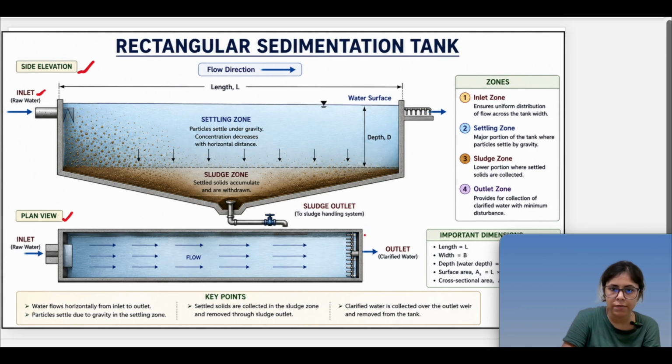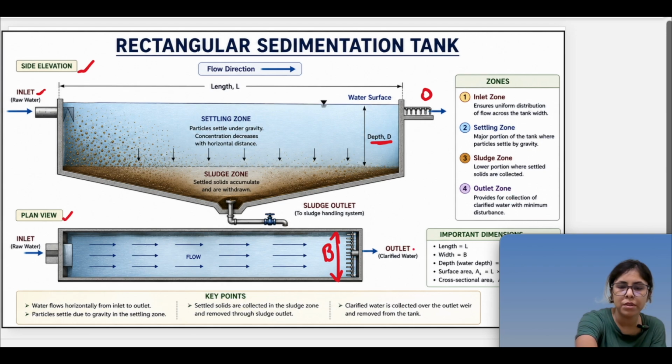This is the length, and this is the width, B. And this is the depth of the tank, the depth of the settling zone. This is the water surface, and from here you will be getting the outlet water. This is the sludge zone, this is the settling zone where settling is happening, and this is the flow direction from inlet to outlet. So we have different zones here: inlet zone, settling zone, sludge zone, outlet zone.